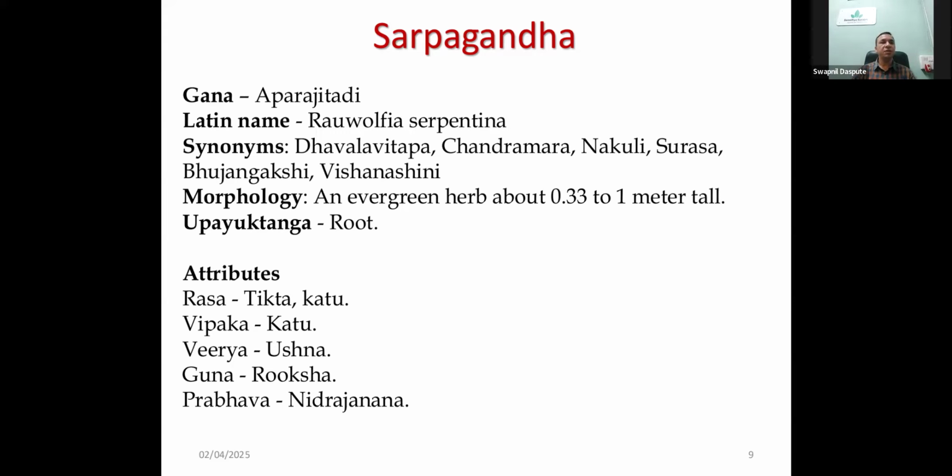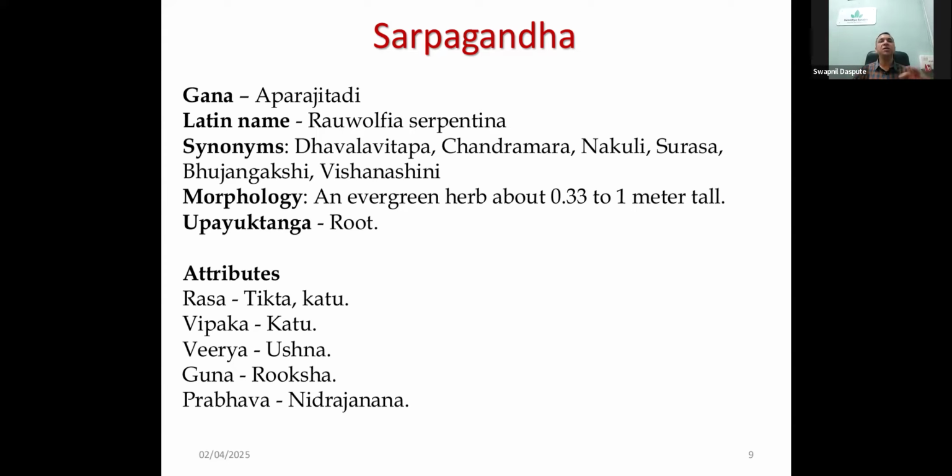Attributes: Rasa, Tikta and Katu; Vipaka, Katu; Virya, Ushna; Guna, Ruksha; Prabhava, Nidrajanana. So, Prabhava, you need to keep certain things in mind when you are using the herb. Prabhava is what you really cannot explain through its Rasa, Virya, Vipaka.